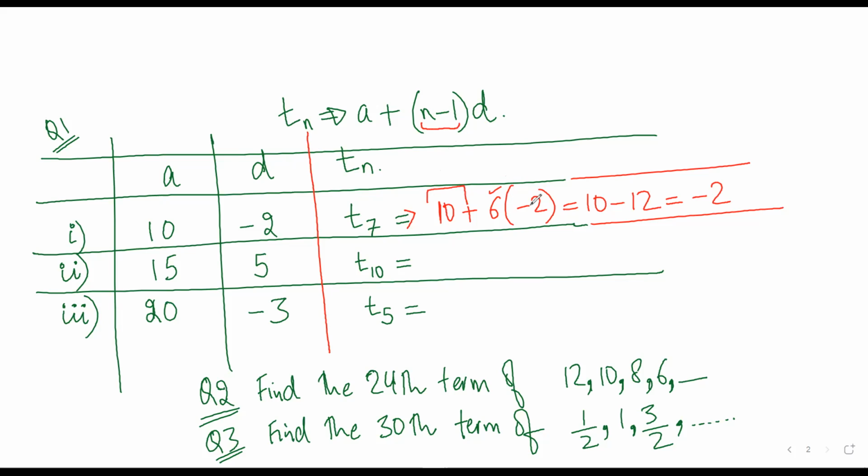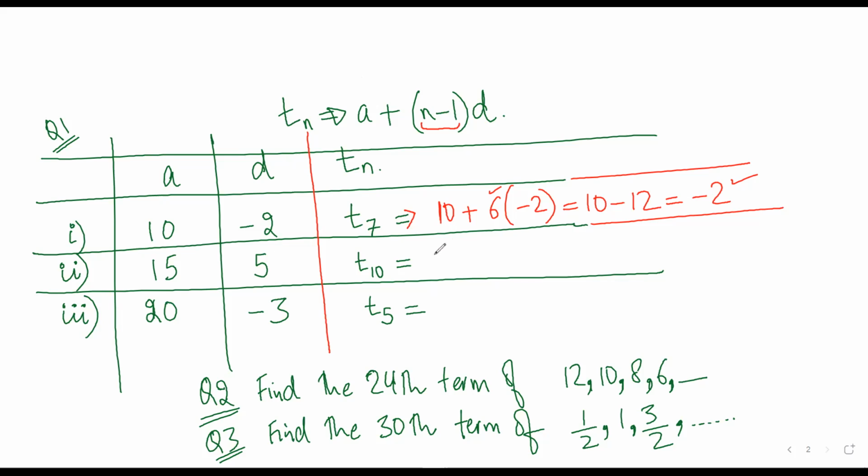So this 6 is multiplied by this -2. So 6 into -2 is -12. So 10 minus 12 would be -2. Have you understood or not? Yes, sir. Is there any confusion? No, sir.